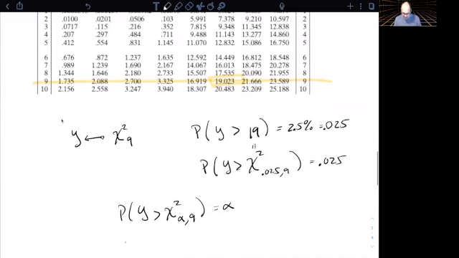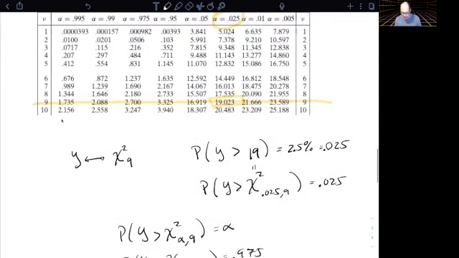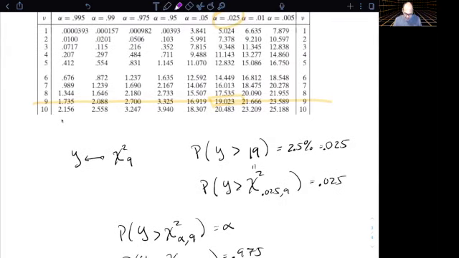That goes by the name chi squared 0.975, 9. So the probability that y is bigger than or equal to it is 0.975. That's the number we're looking for, and you can see it on this level here. And the answer is 2.7.